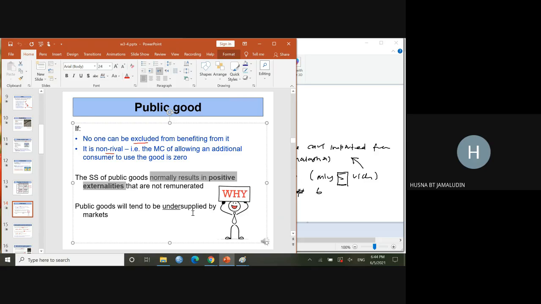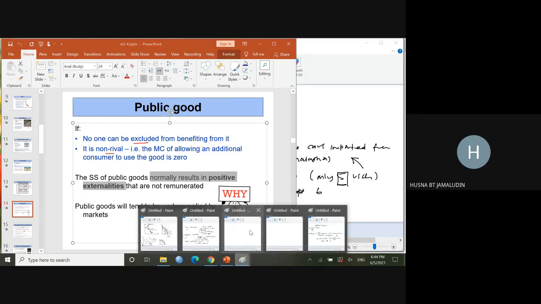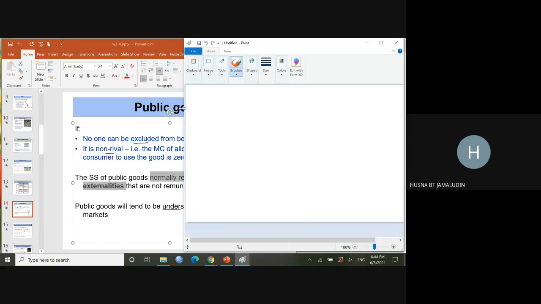so the government will play the role. But if that's the case, you are talking about the public. Definitely, the public may not have the money, right? So let me show you what I mean. In the economy, you have what we call the public or consumer, or we can call it household.